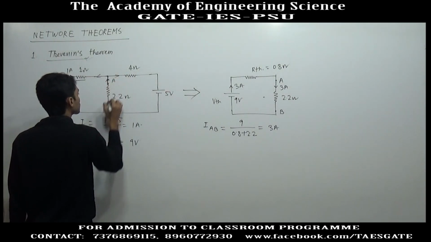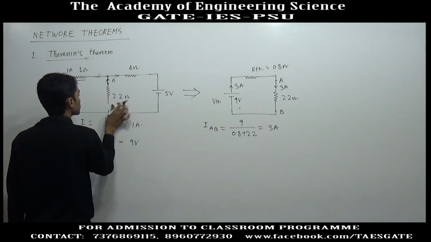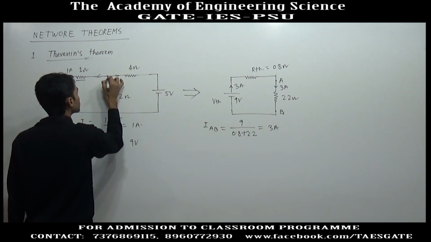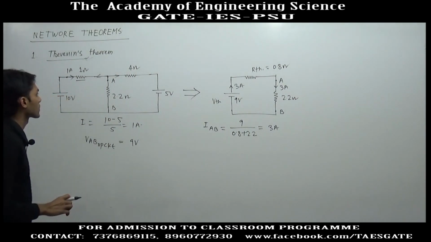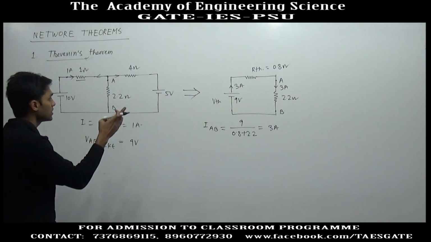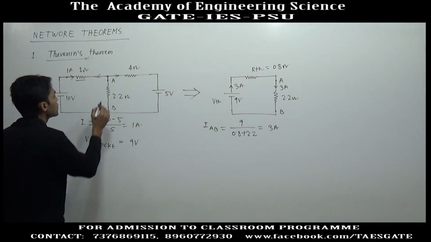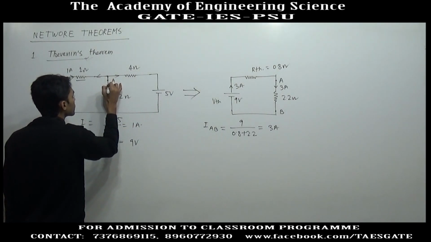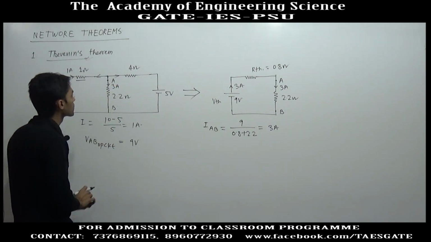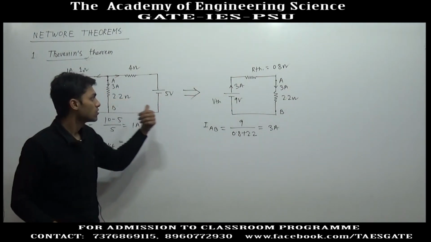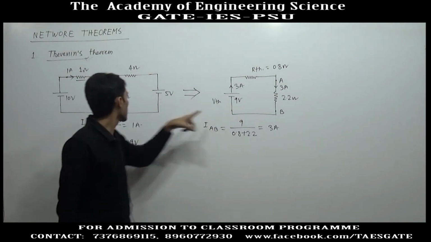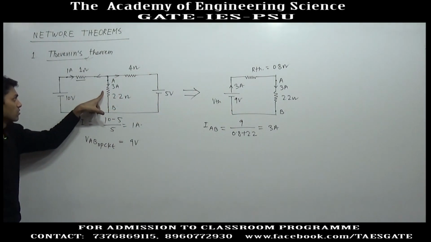Now this point is A, this point is B. Now if I ask you to show this 3 ampere current in this circuit, you can show it here, because the inside part of A and B is common in both the circuits. So whatever current is flowing here, the same current will flow here also.